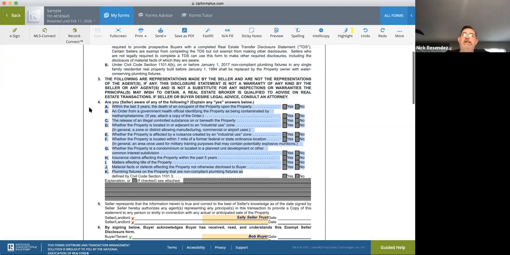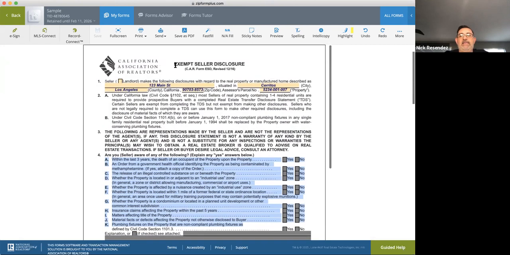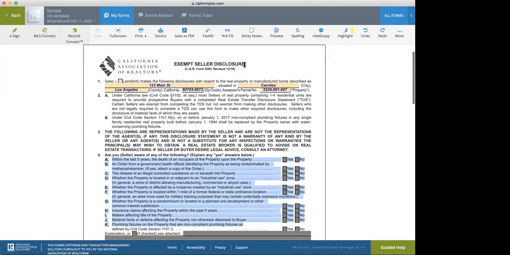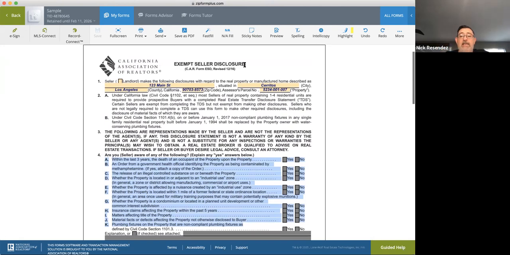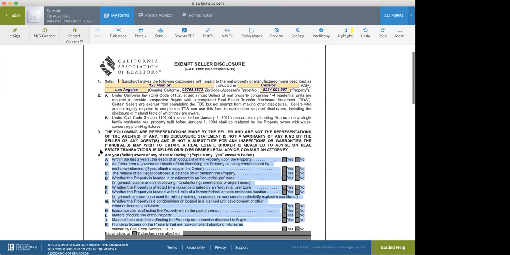If a seller is exempt from a TDS, then they also don't need to provide an SPQ, but they do need to provide the exempt seller disclosure. And I don't know of any exemption to not provide this document, okay? Because there's a whole bunch of, again, statutorily government required questions and disclosures on this, okay?